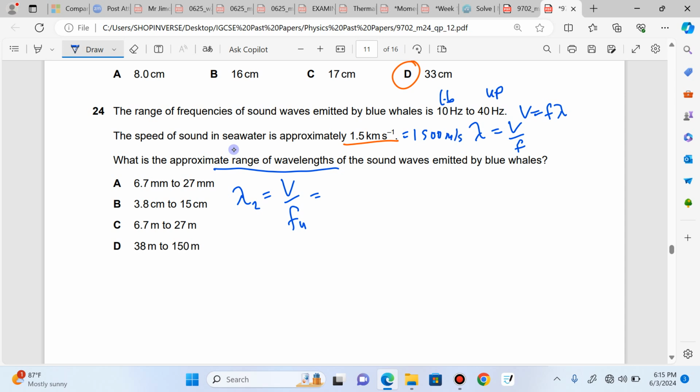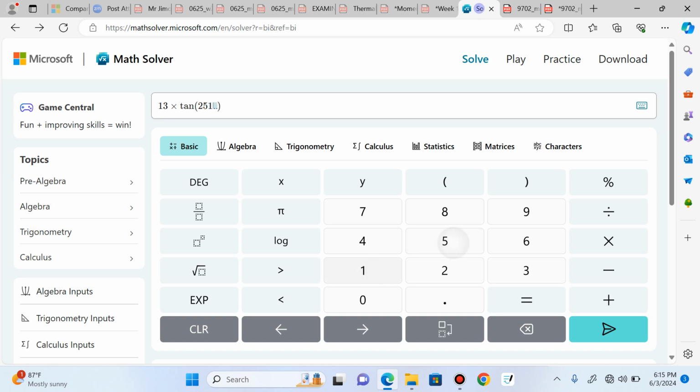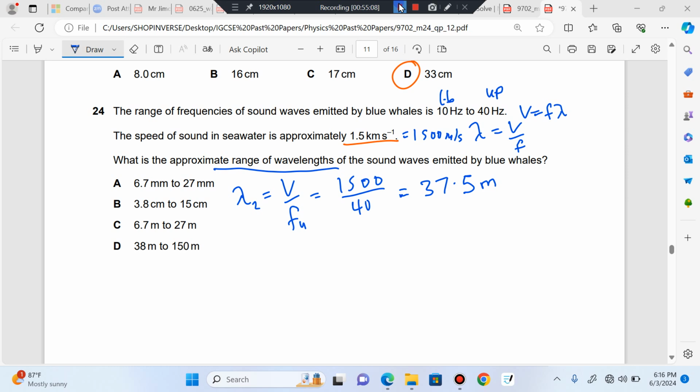So I'm using the speed of 1,500 meters per second divided by frequency, the upper bound of frequency being 40 Hertz. 1500 divided by 40, so I got 37.5 as the lower bound of the wavelength.